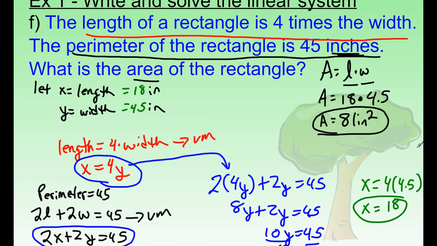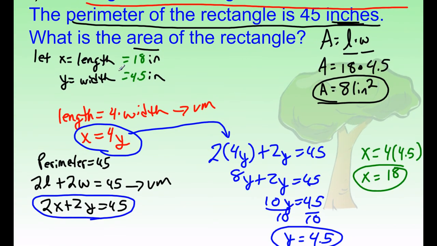We had to find the length and the width. We decided upon using x for length, y for width. We had our system of equations we came up with from our two statements. The substitution method seemed to be the easiest because this was a nice equation already solved for x.